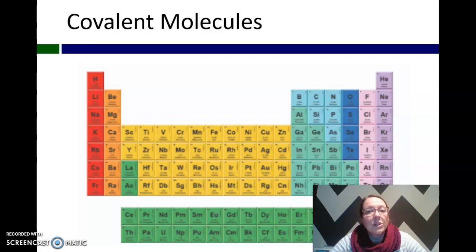They have to share those electrons, but the end goal is the same. Both atoms, or however many atoms in that molecule, do this so that they can all reach octet status. Now, when we write formulas for covalent molecules, and when we write their names, the conventions, the rules that we follow, are a little bit different, and that's what this video will talk about.